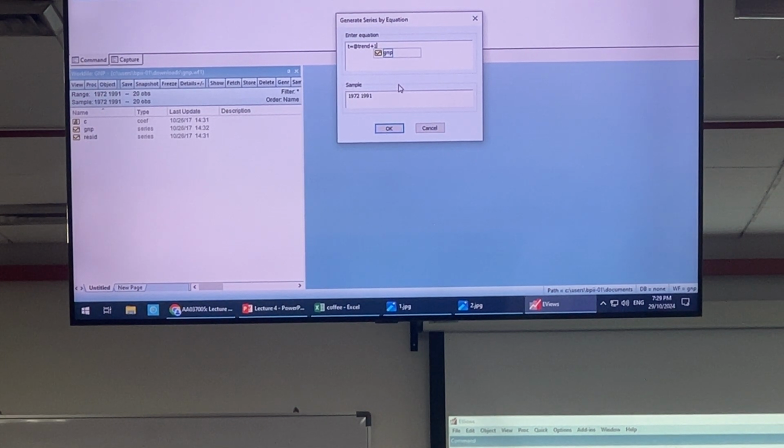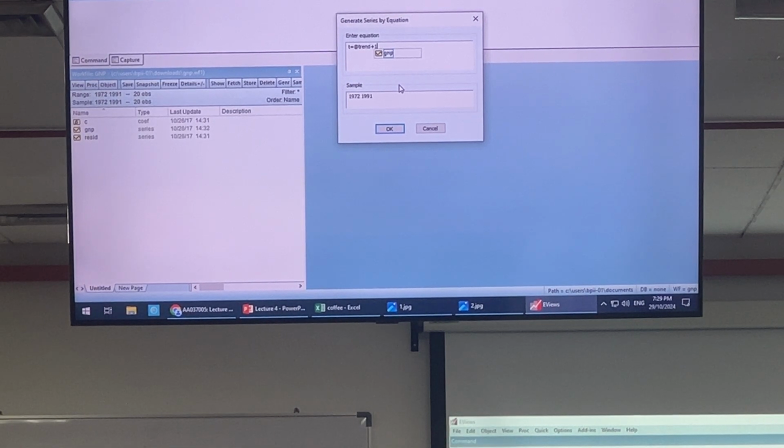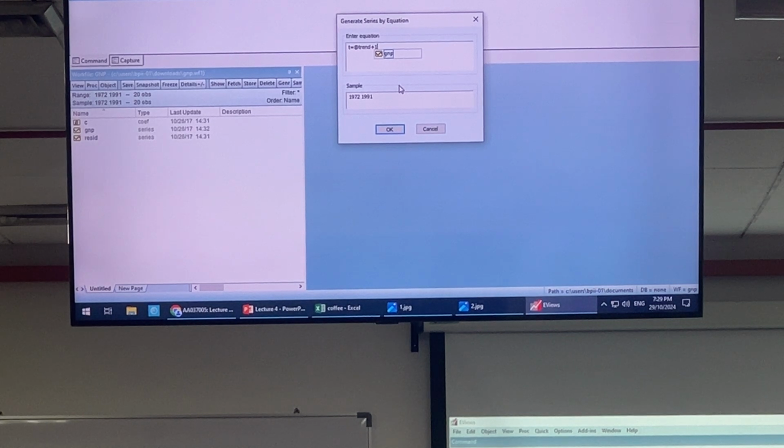With plus 1, your time frame will start from 1. If you only put trend, it will start from 0. So we put plus 1 so it starts from 1.